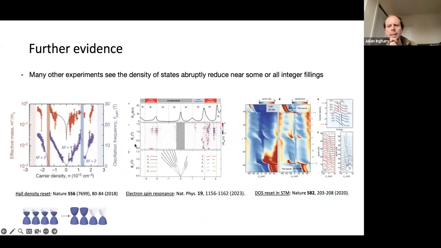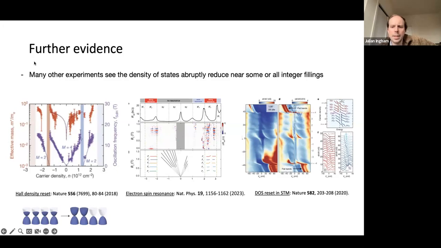So this phenomenon is consistent with a number of other experiments which provide either direct or indirect confirmation of the Dirac revival picture. In the original experimental paper on twisted bilayer graphene, we see on the left here these reset features in the quantum oscillation frequencies.